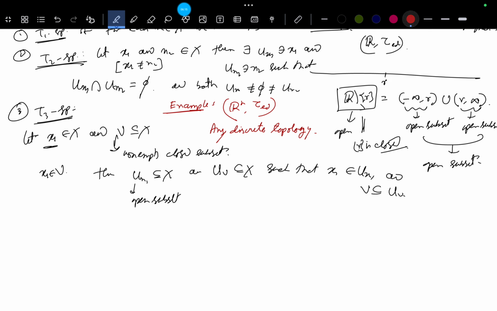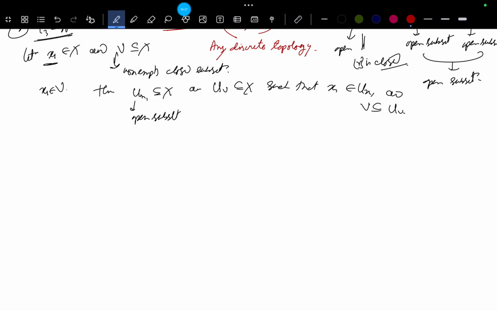Can you give me an example here? As an example, R with the normal Euclidean topology is a T3 space.